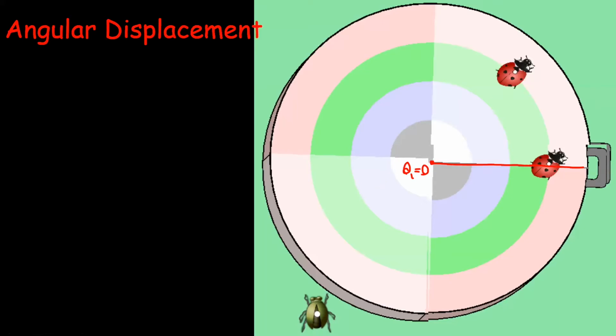And at time t2, it's at angular position θ2. Let's say this angle is θ2. So we have θ2 and θ1, and this one is delta theta, that is equal to θ2 minus θ1. And just remember, theta should be in radian.